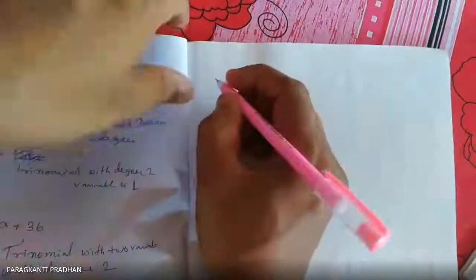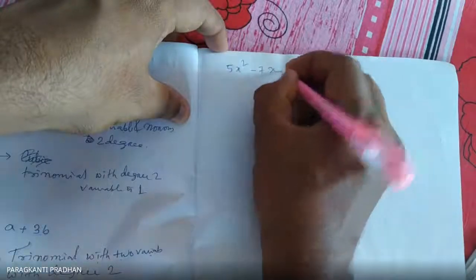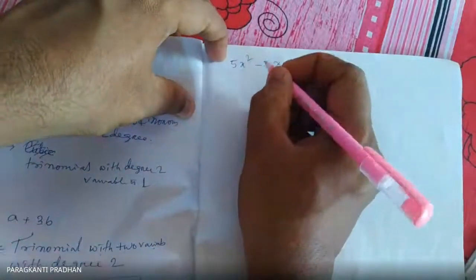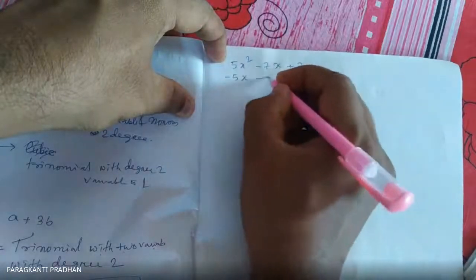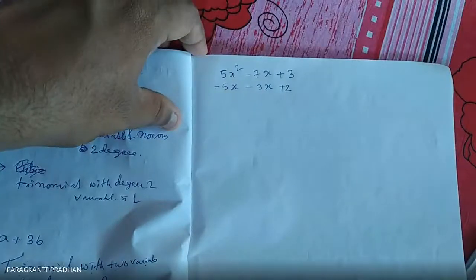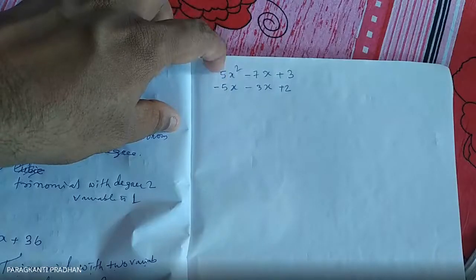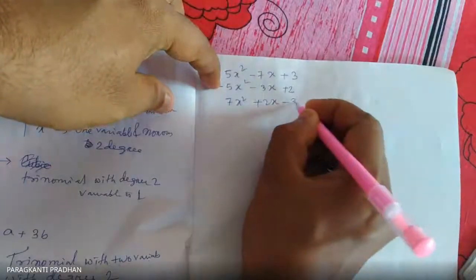At first you have to write 5x square minus 7x plus 3, and then another is minus 5x square minus 3x plus 2. We have to write all the like terms below the like terms, in the same column. And then this is 7x square plus 2x minus 3.